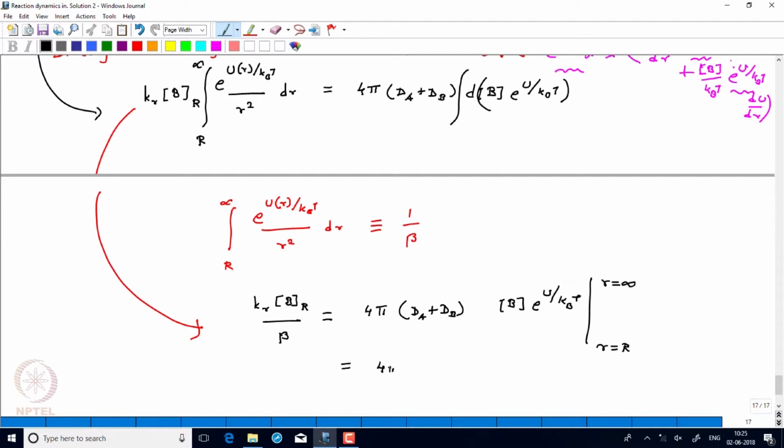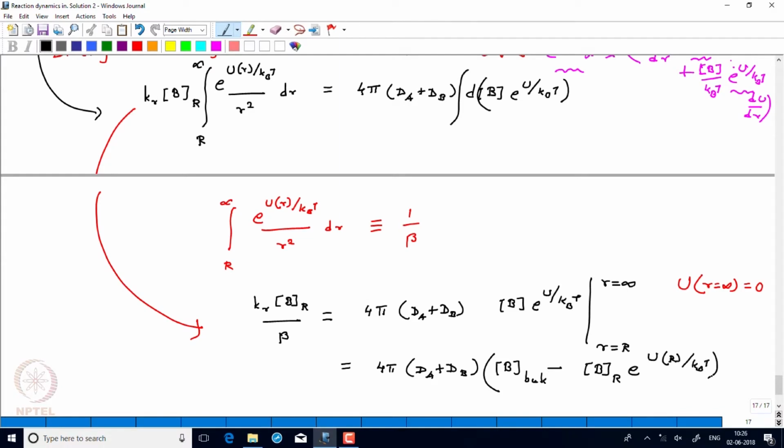Now we can easily figure this out. At the upper limit, when r is equal to infinity, b is equal to the bulk concentration, and u at r equal to infinity we take to be 0, because it is the potential energy at infinite distance, when there is no influence of the first charge A. And at r equal to capital R, this is b at R, and I'll have e to the power u at R divided by kBt.